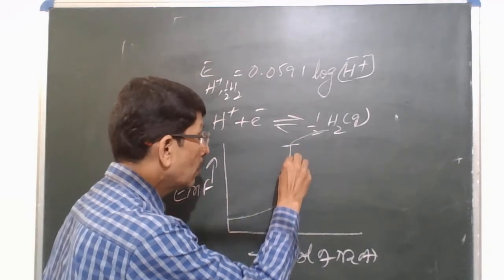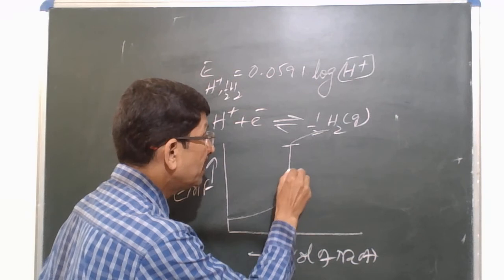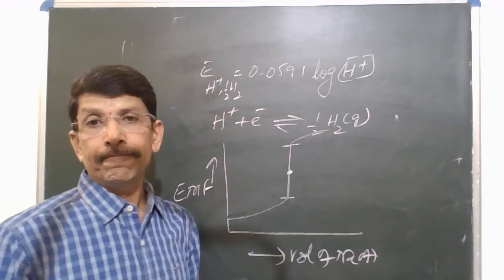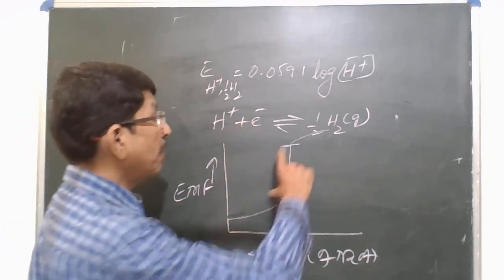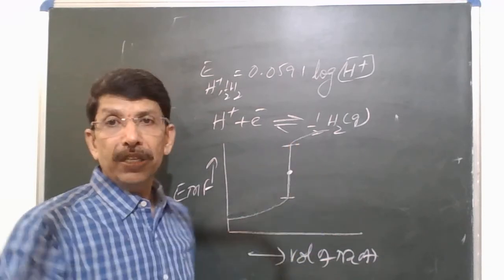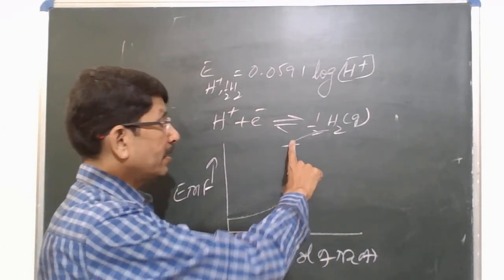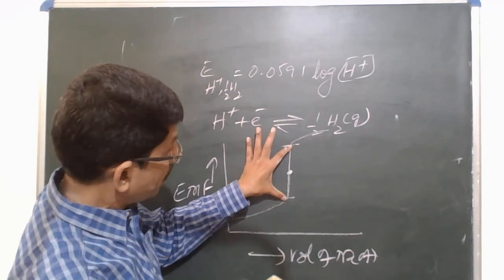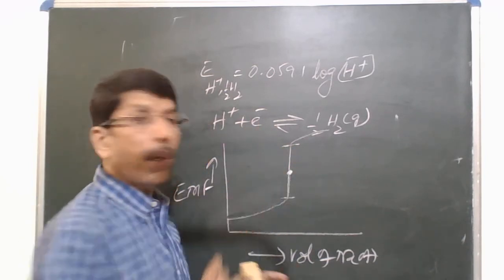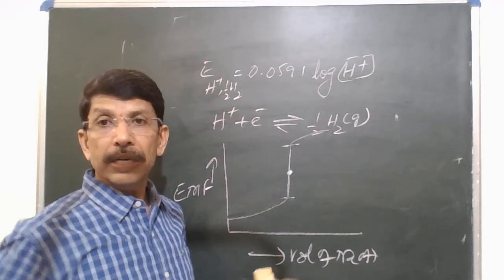So locate the midpoint of this sudden increase region. Once you plot the graph, you have a linear portion where there is a sudden increase. So by determining the linear portion, locate the midpoint of this steep rising curve.